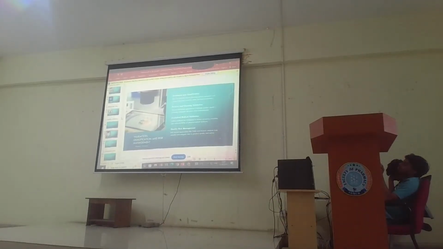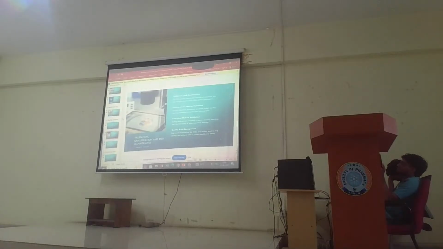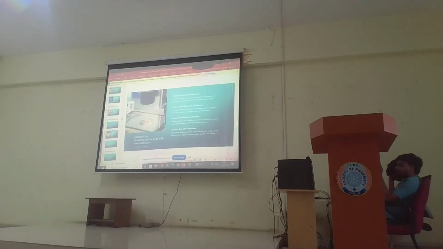After reviewing this design configuration and approving it from our side, we go for procurement. After procurement of the equipment, we install it in our facility and perform the installation qualification. Then we verify the operational parameters during the operational qualification, and with respect to those operational parameters we prepare the standard operating procedure in draft stage.